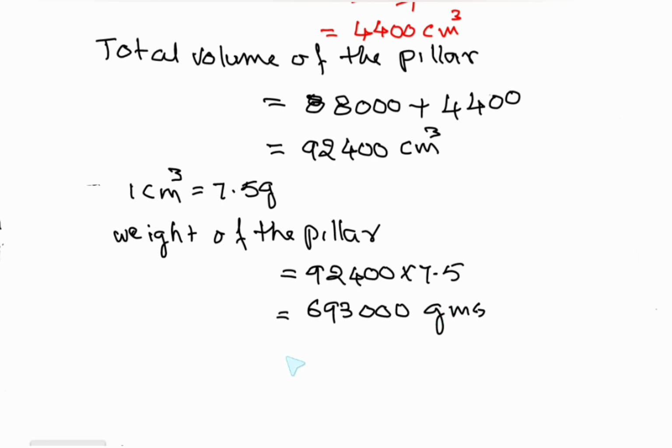We should divide by 1000, we will get it in kgs. Three zeros cancelled. Therefore, this equals 693 kgs. So the weight of the pillar is 693 kgs.